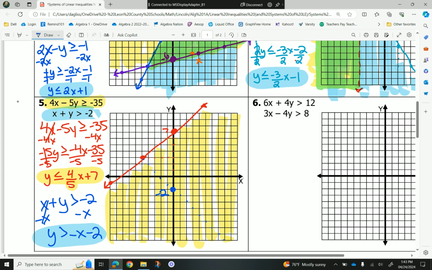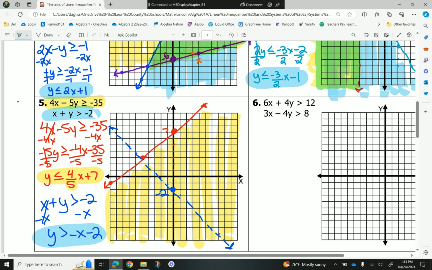I think these are the most tedious ones. Thank you. Goodness. Solid or dashed line? Good. Dashed. And are we going to shade above or below?